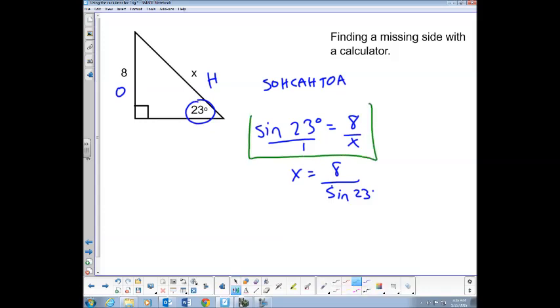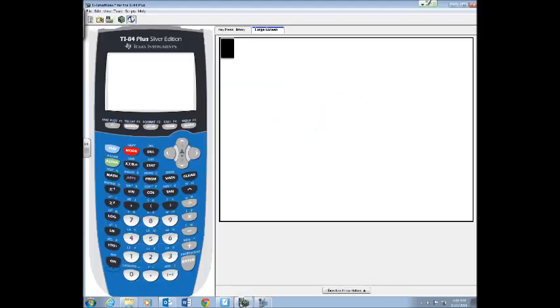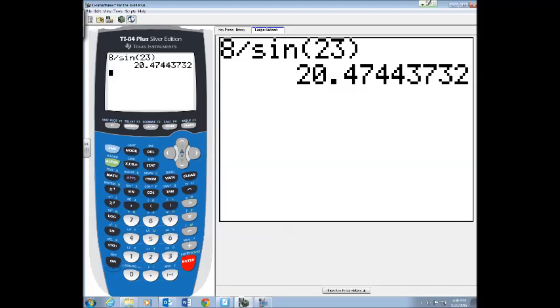All right, once you have it to here, remember that this is your setup. That's what we're going to ask to see. And this is some of your work. Once we got to this position, now it's time for our calculator. So we go to our calculator. We type in 8 divided by the sine of 23. Always close your parentheses on a calculator. It just makes sure the calculator does the right thing. And when I'm done, I get 20.47443732.